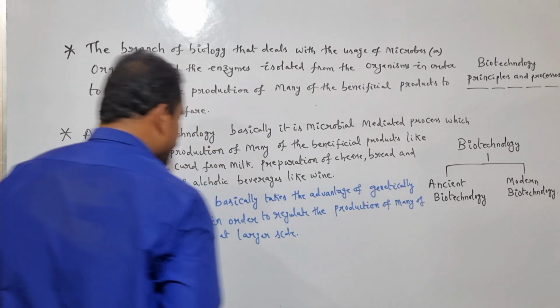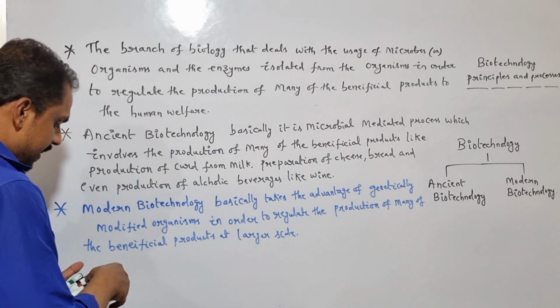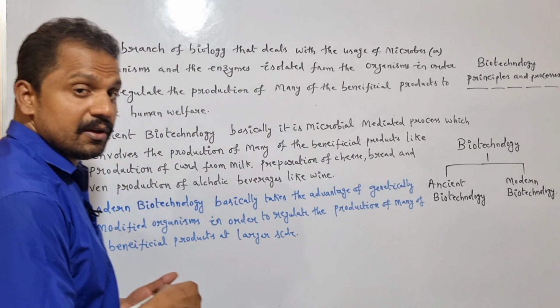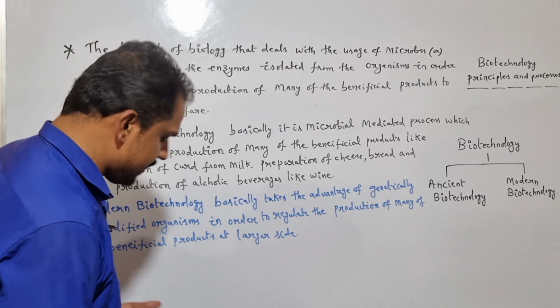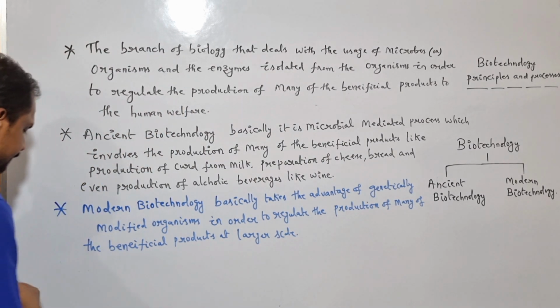Some of the products which can be successfully synthesized under modern biotechnology include production of test tube baby by the means of in vitro fertilization. Is it clear? So let me write it here.